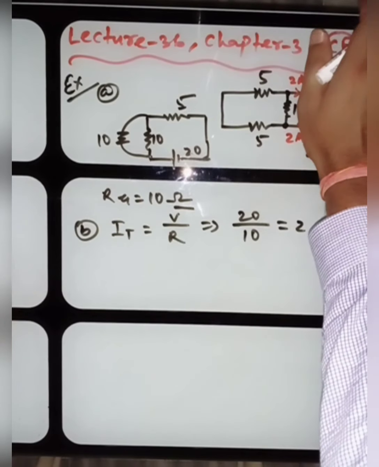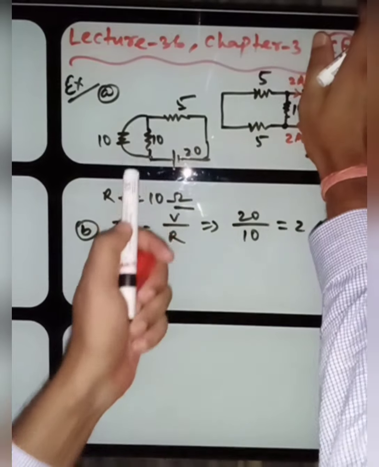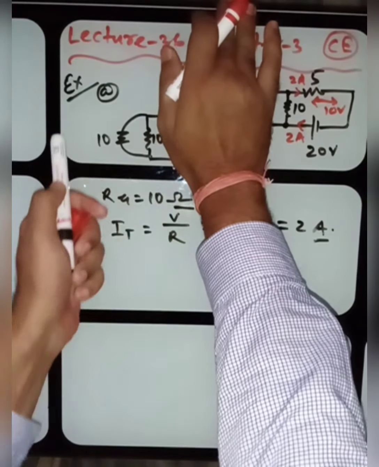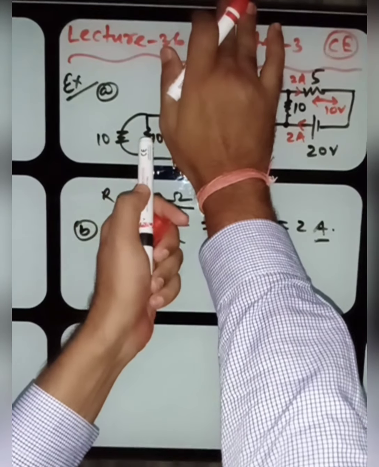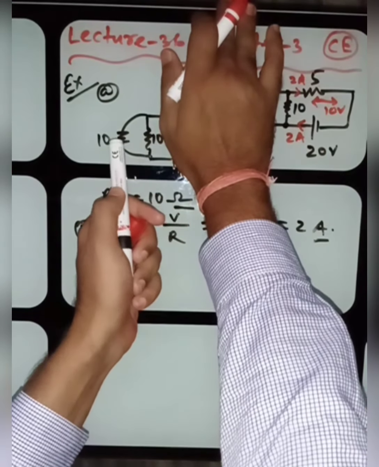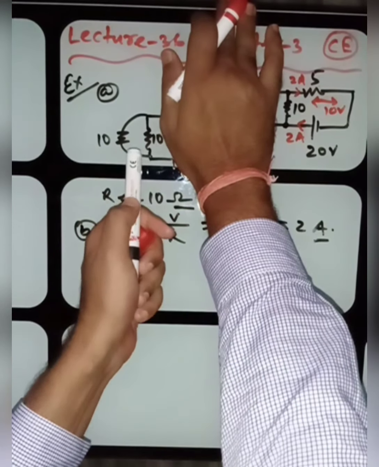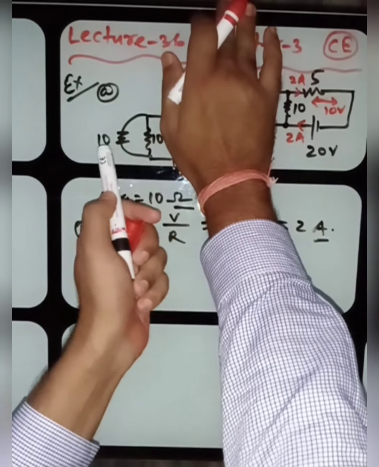Now you can see this circuit is like this one. Here the 10 and 10 are both connected in parallel, so in parallel the voltage must be the same, so both will receive 10 and 10 volt.